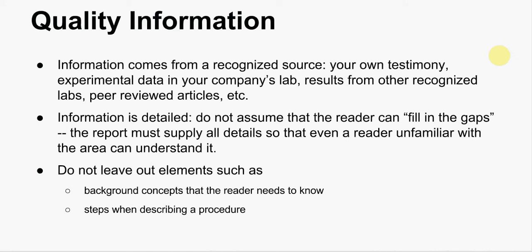Steps. When you're giving a procedure and telling how you investigated something or what procedure you adopted, you have to give each step, show what happened, and how you designed the experiment and the way you followed the design. And of course, the details of your findings should be accurate and should give all the information that people need to make any kind of assessment or decision about the area you're investigating.